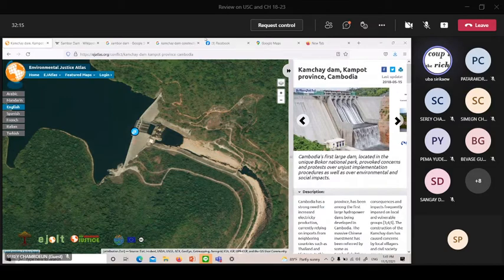What do you guess: should it be concrete, a rock fill dam, or an earth dam? I think it's concrete.